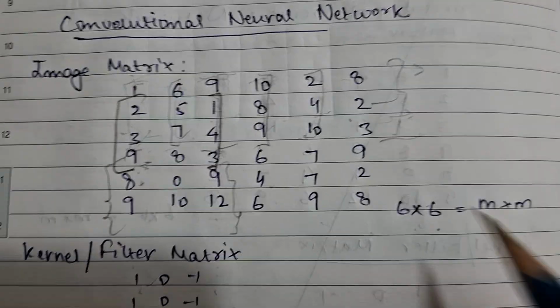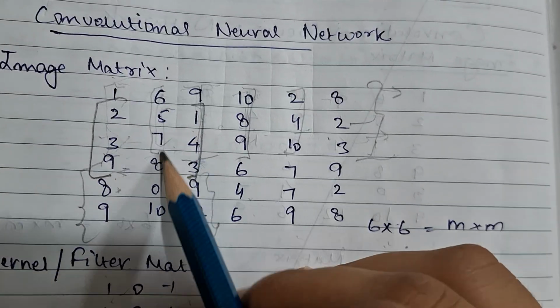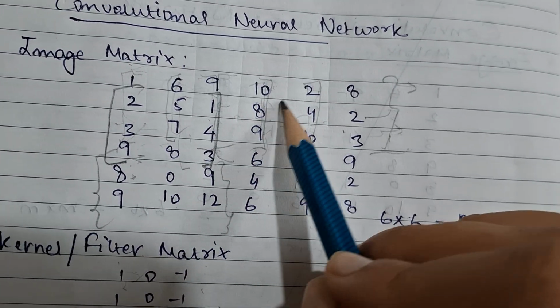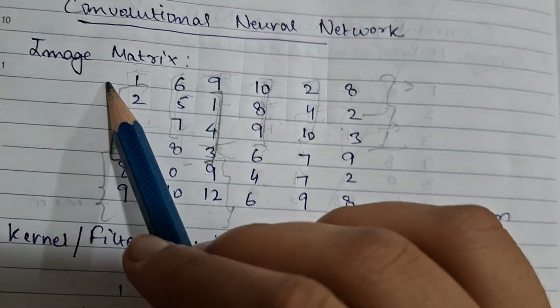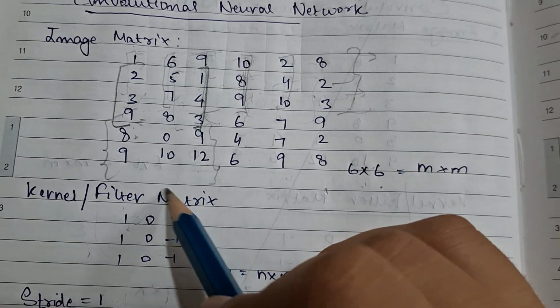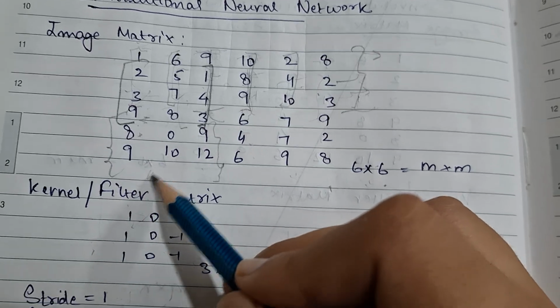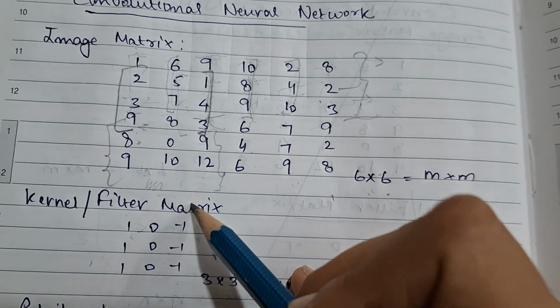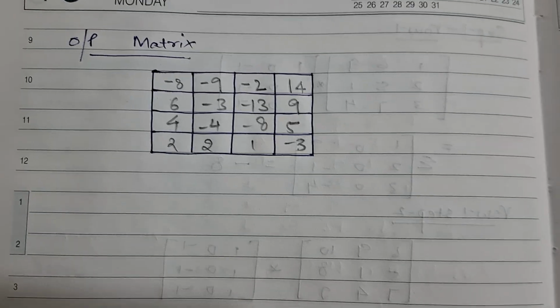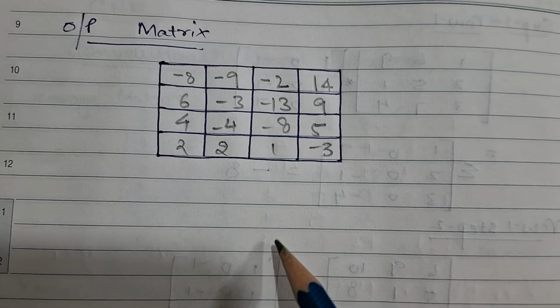The same we will do for all the rows. Then we will do it for this submatrix, then the next submatrix, and then the next submatrix. After exhausting the complete image matrix using our kernel or filter, when we have no other next row to go to, that is when we will arrange all our answers in the form of an output matrix.